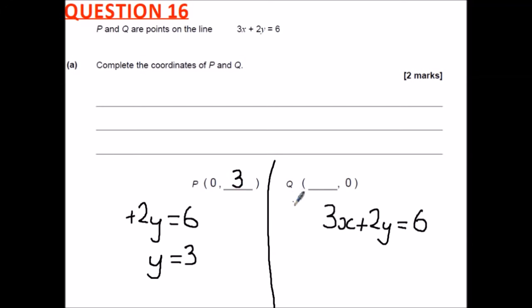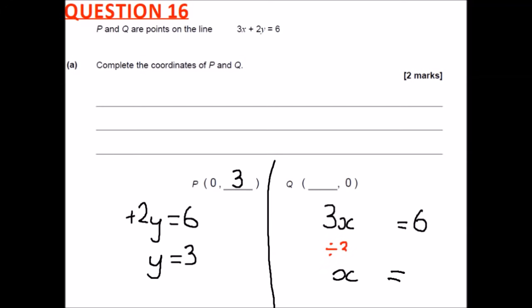In the same way at Q, we're told not the x coordinate but the y coordinate. We're told that at point Q, y equals 0. So if y equals 0, 2y will be 0, so we can completely ignore the 2y part of this question. What we'll be left with is just 3x equals 6, because the 2y disappears because y is 0. If 3x is equal to 6, then we can work out what 1x is. To go from 3x down to 1x, we can just divide by 3.